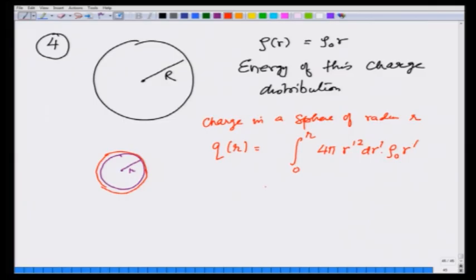This comes out to be 4 pi integration rho 0 r prime cubed dr prime from 0 to r, which is equal to pi rho 0 r raised to 4. That is the charge contained in this sphere of radius small r. So, the total charge on this big sphere is pi rho 0 capital R raised to 4.